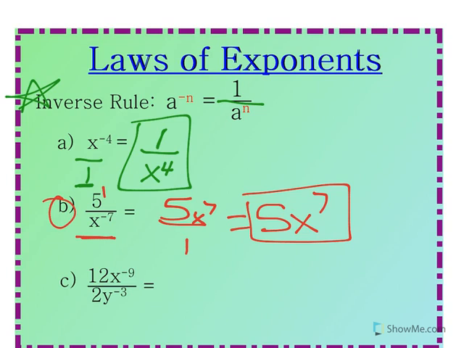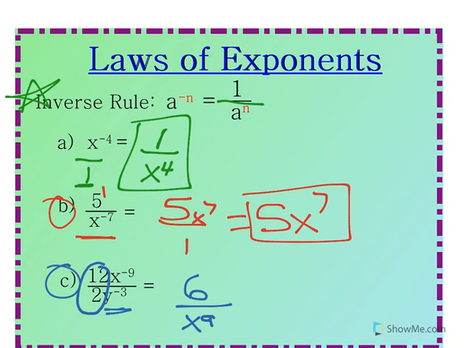So look at our last example for this slide, example C. We're going to take our fraction coefficients first. 12 divided by 2 is 6. Now the x has a negative exponent, so it must move from the numerator to the denominator. When you take the inverse, the exponent becomes positive.